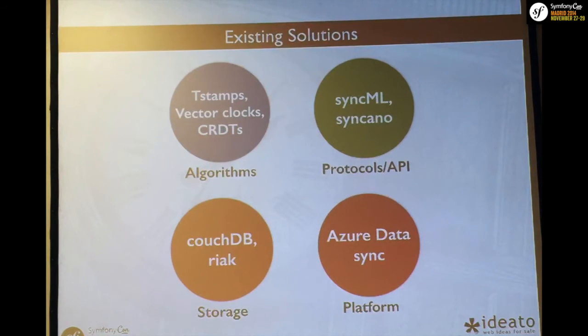For example, Riak and CouchDB do this kind of stuff. Also, you will find a lot of platforms that offer you APIs for dealing with this problem, like Azure Data Sync, but also Dropbox has its own API, which is called Data Store API, if I remember correctly. So there is a lot of information, a lot of data out there.